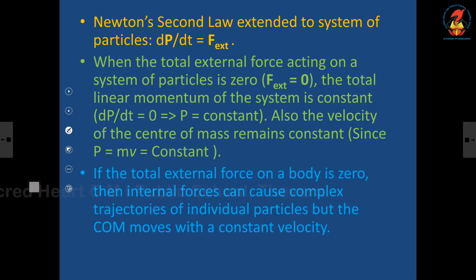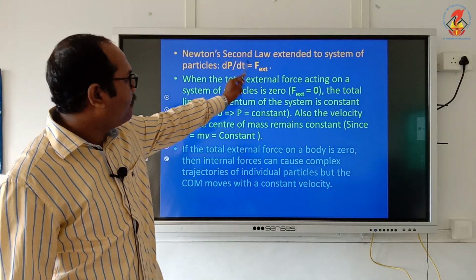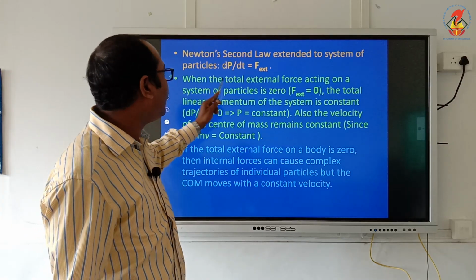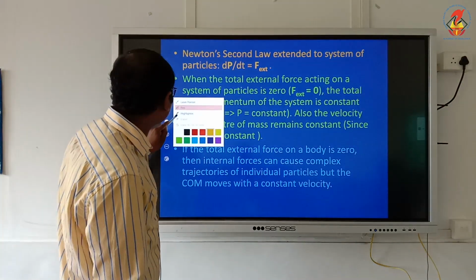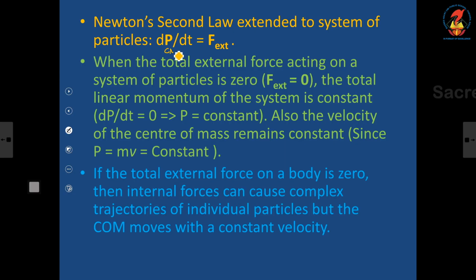Please take down these notes also. Newton's second law is extended to the system of particles. Newton's second law is F is equal to dp by dt. For the system of n particles, F external is equal to dp cm by dt, the momentum of the center of mass. So dp cm by dt is equal to F external.